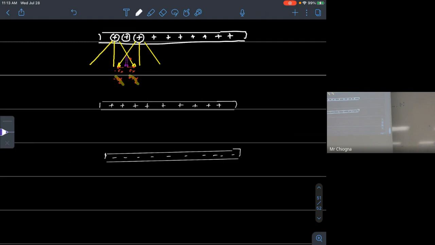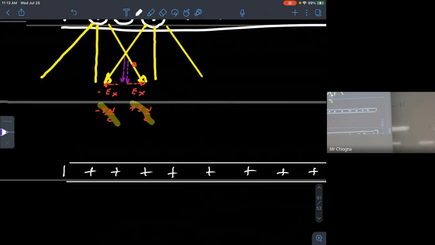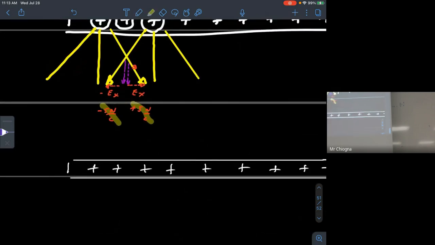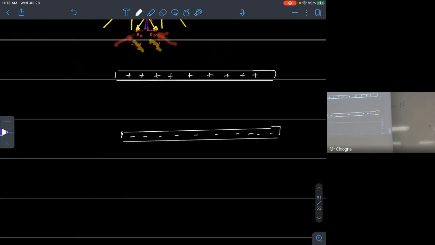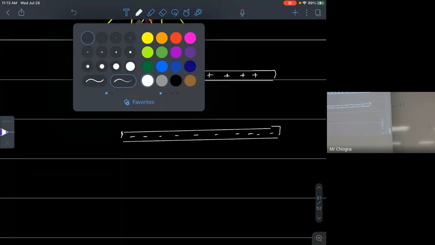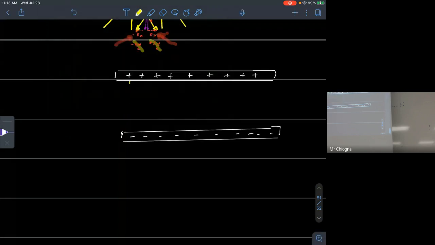The x components, like I just said, that one and that one, cancel each other out. You'll only end up with y components. How does that translate in this diagram? You'll get field lines that look, well, I'll do it in yellow to be consistent. You'll end up with field lines that look like this. Okay? That's all you're left with. The x components cancel out.